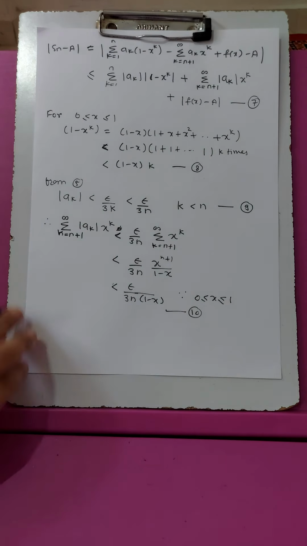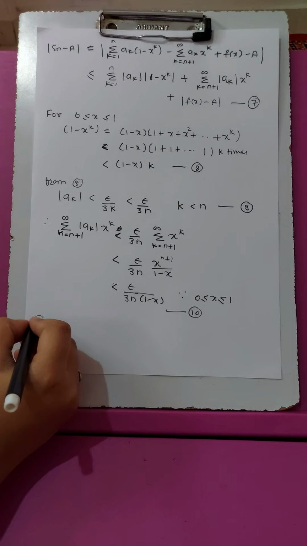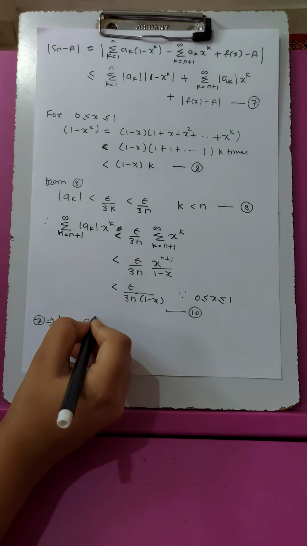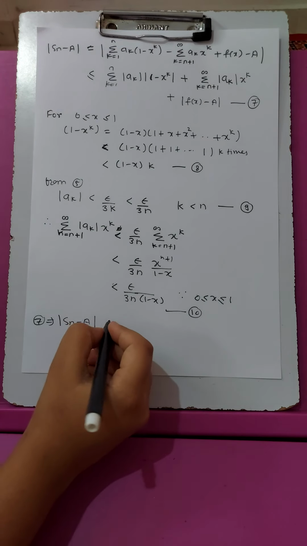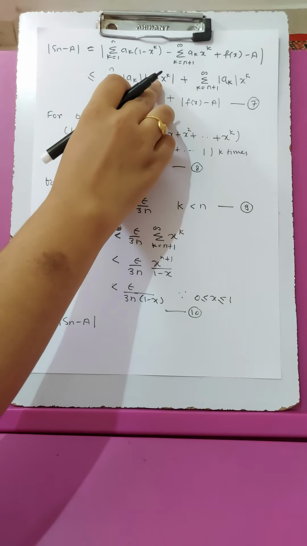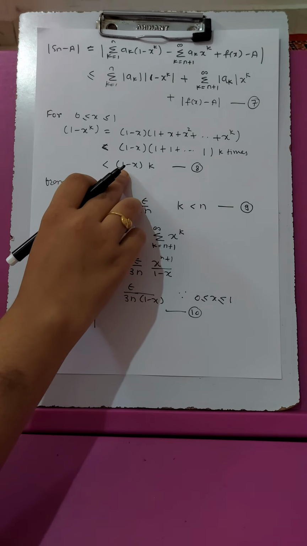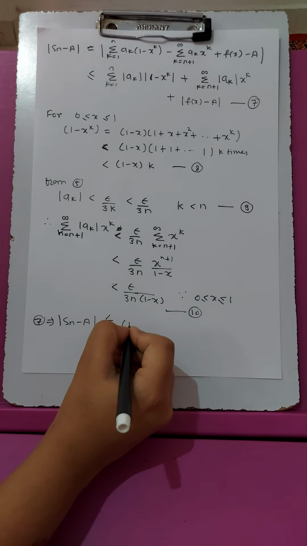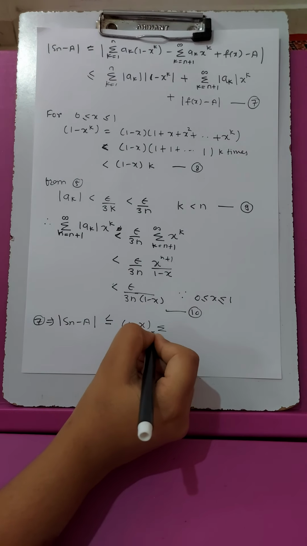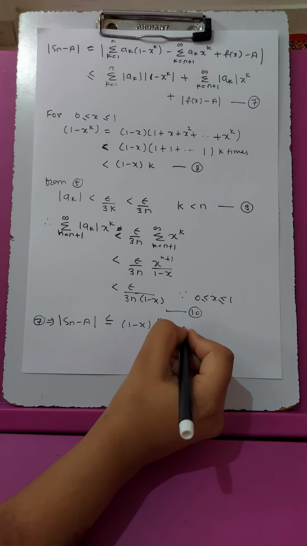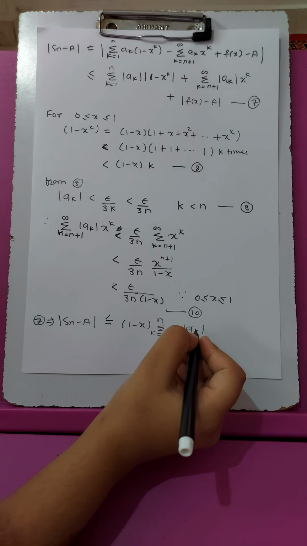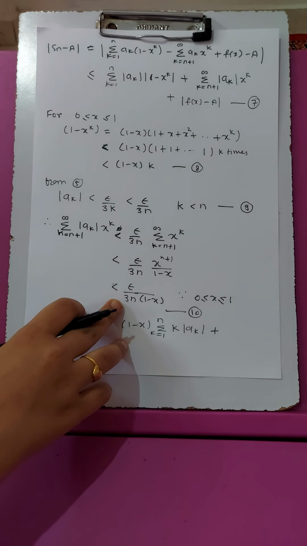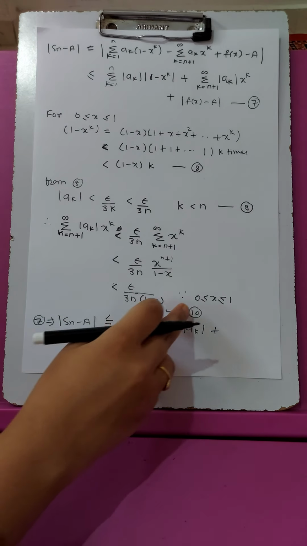Now this 7 implies that mod of Sn minus a, this mod of 1 minus x to the power k can be written as (1 minus x) k. So this implies (1 minus x) summation k from 1 to n k mod ak, plus this whole term is less than epsilon upon 3n (1 minus x) by 10.